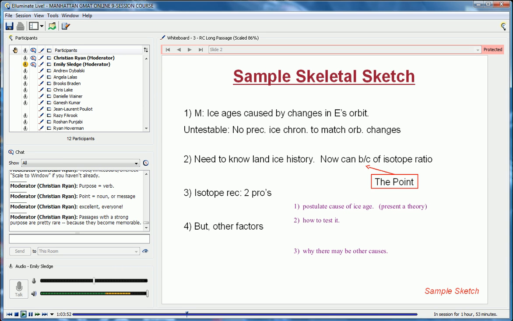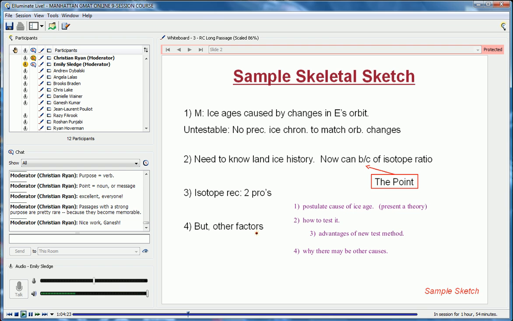How to test the theory, but also advantages of new testing method. So smile for Ganesh if you actually like his sketch a little bit better. Certainly shorter, and that is an advantage in and of itself. Some of you are going to be a little bit more comfortable with more written down on your page. You're going to have to decide that for yourself.